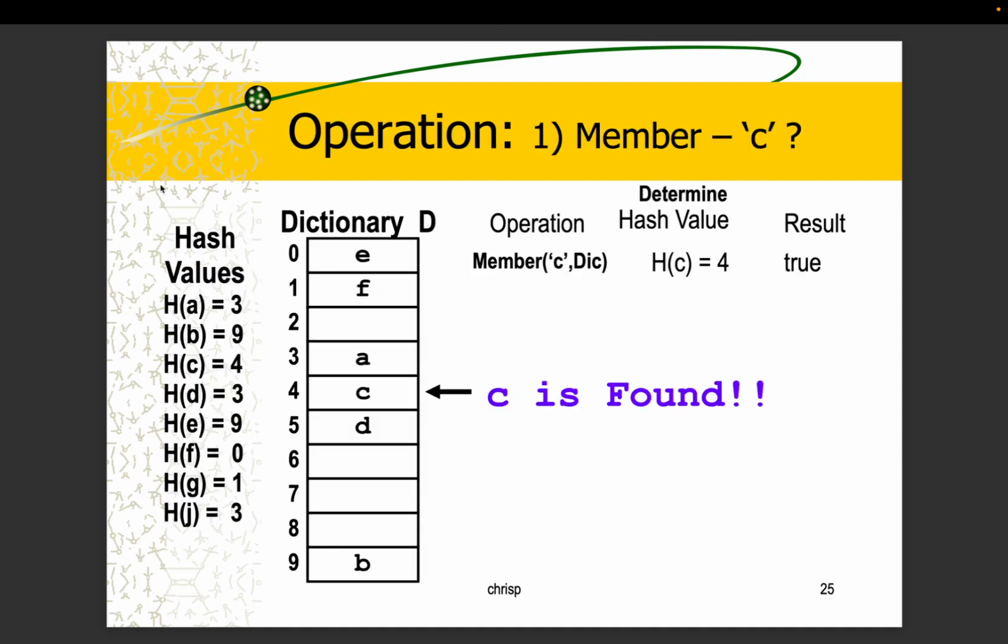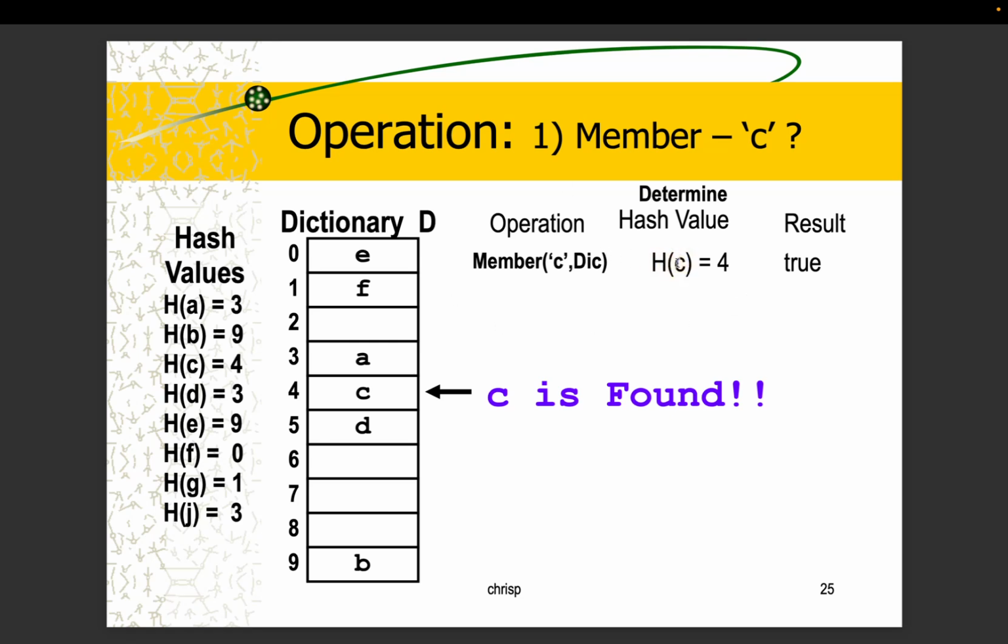So let's go to operations. Let's try to do the member operation or the search operation. Take a look at the function call. Member receives an element and the dictionary to search. The process for this is very simple. Call the hash function and until you find the element or until nakatuyok na ka, you will be able to find it. In this case, take a look.